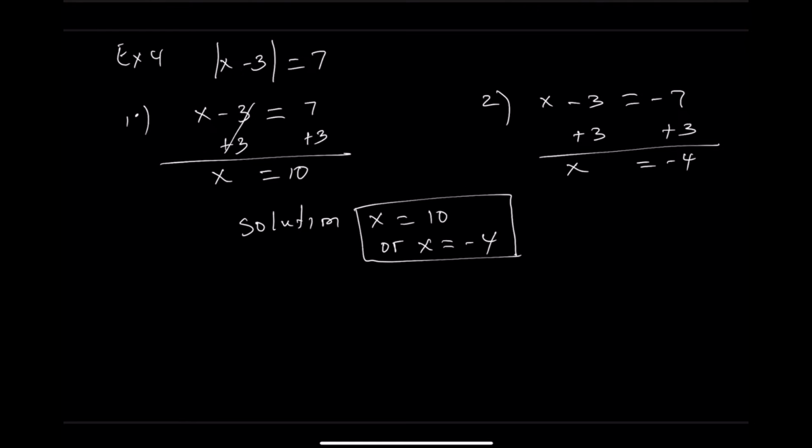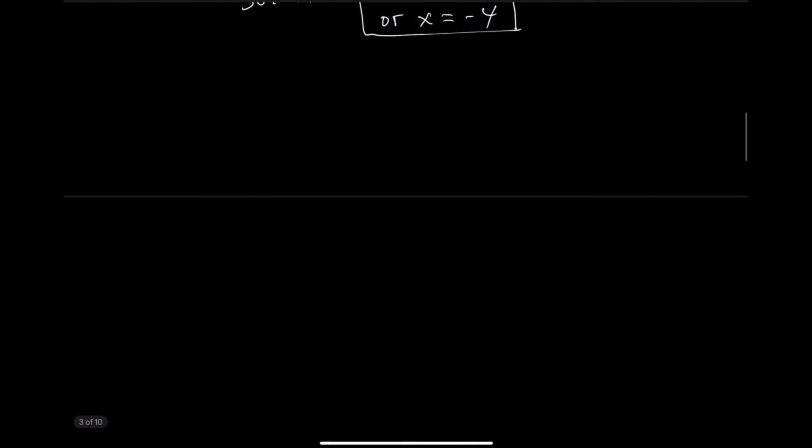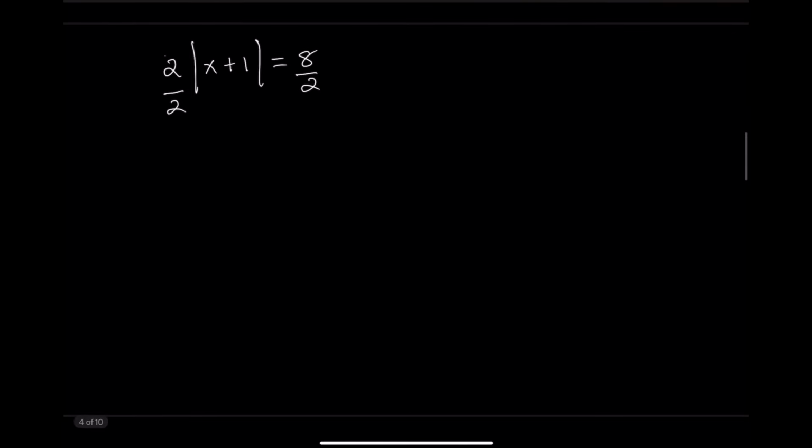Now let's solve an equation where a number is multiplied by the absolute value. Let's say 2 times the absolute value of x plus 1 equals 8. Step 1. Divide both sides by 2. Now you have the absolute value of x plus 1 equals 4. Step 2. Split into 2 equations. First, x plus 1 equals 4.